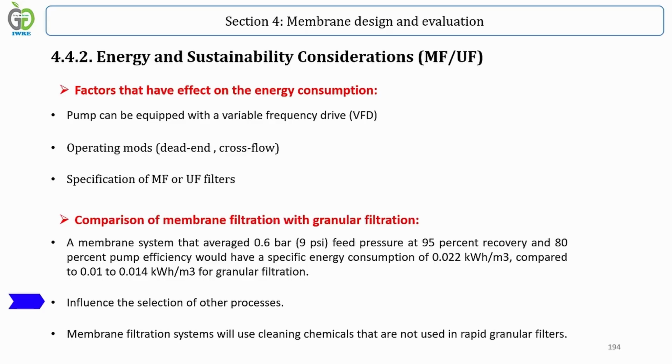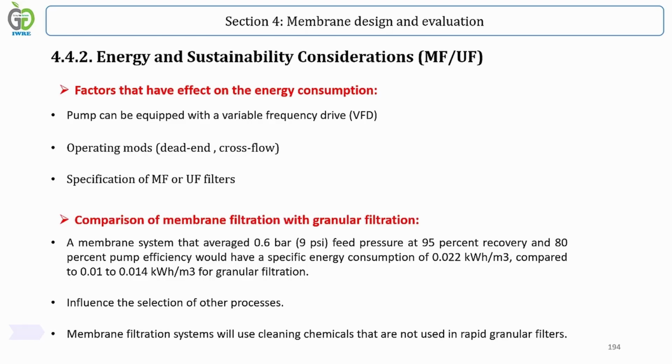For instance, in some cases, the use of membrane filtration may eliminate the need for coagulation, reducing the environmental impacts associated with chemical production, transportation, and sludge disposal. Granular filtration plants with significant protozoal removal requirements may need ozonation or UV disinfection facilities that would not be needed with membrane filtration. On the other hand, membrane filtration systems will use cleaning chemicals that are not used in rapid granular filters.